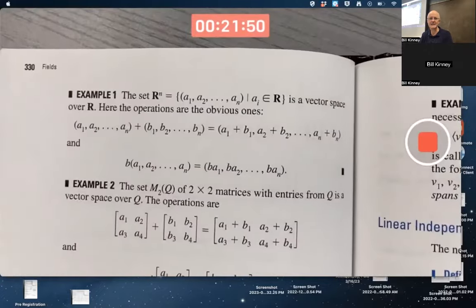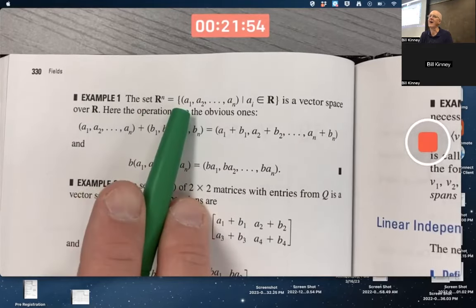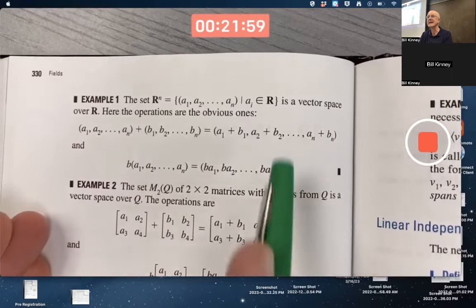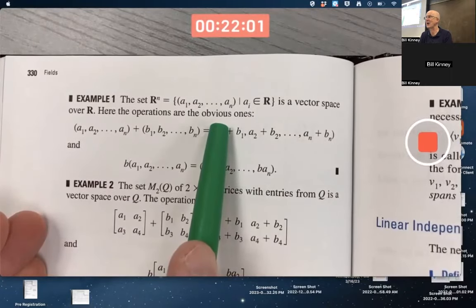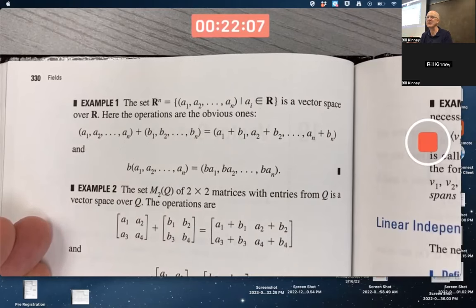Okay, you got your standard example. Example 1, Rn. Save space, save paper, save a tree, writing these vectors as a row vector instead of a column vector. In linear algebra, you mostly think of these as column vectors, which is fine.